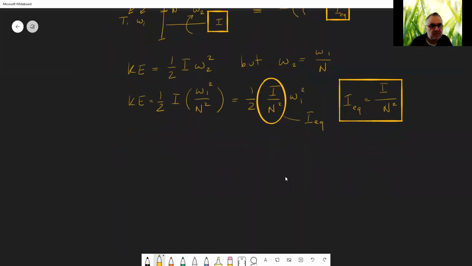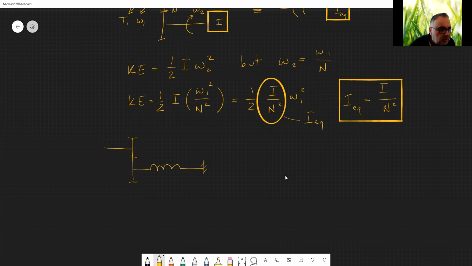And similarly, if you have, for example, a gear connected, for some strange reason, to a torsional spring like this. Okay. Let's say this is omega 1, T1.